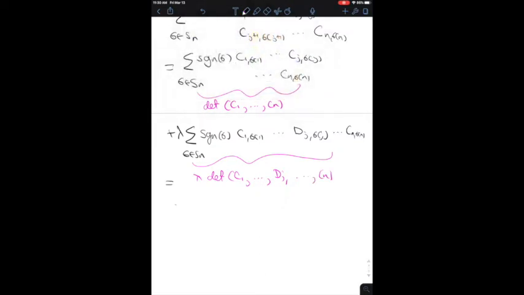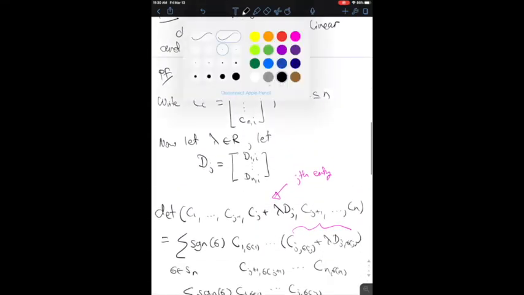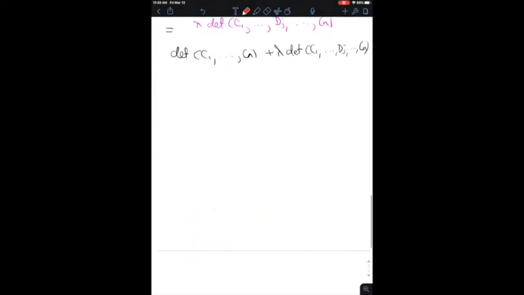So this equals the determinant of C1 up to Cn plus lambda times the determinant of C1, dj, Cn. And this is what we needed to prove for multilinearity. Okay, so multilinearity is now established. Okay, so let's check that the determinant is alternating.